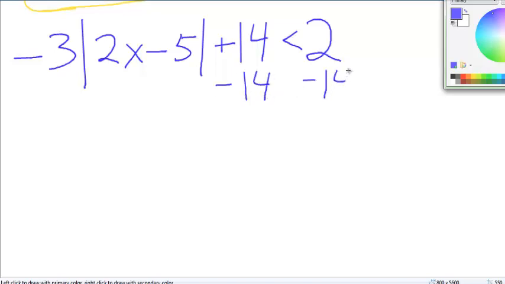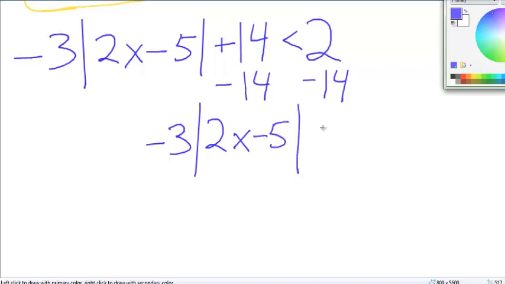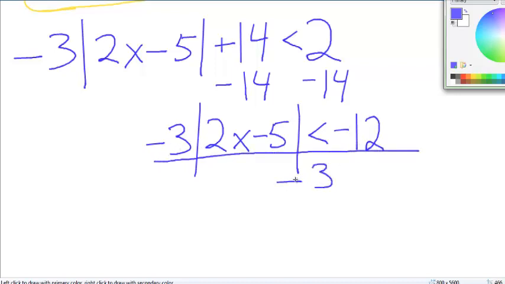So we subtract 14 and we end up with negative 3, absolute value 2x minus 5 is less than negative 12. Now we divide by negative 3. Remember, when we divide by a negative, we're going to switch our inequality.